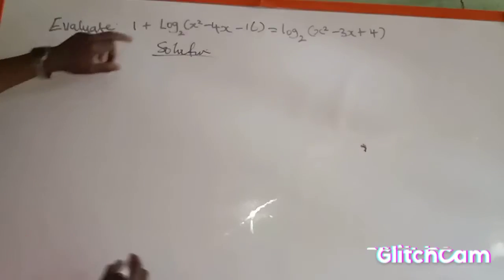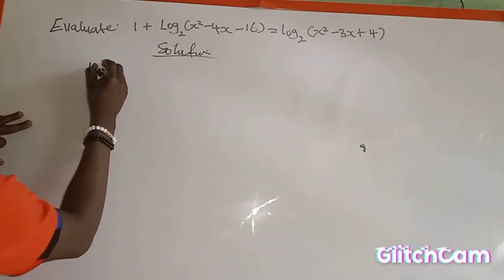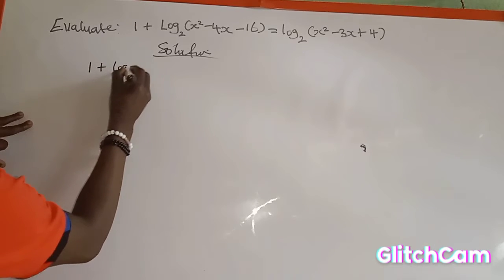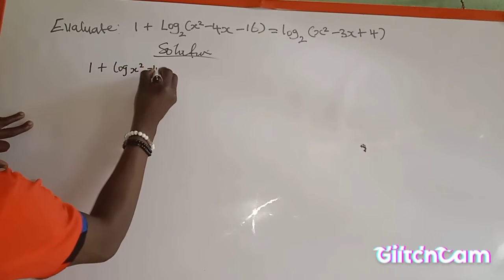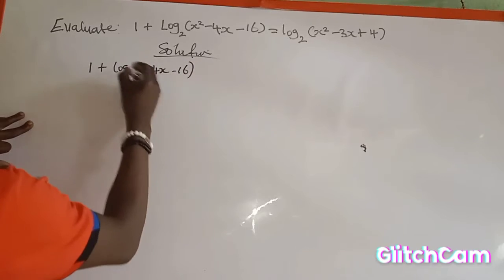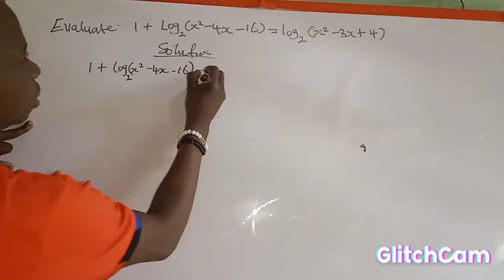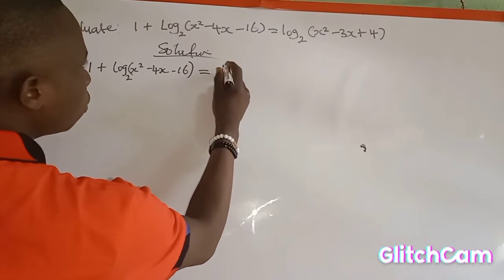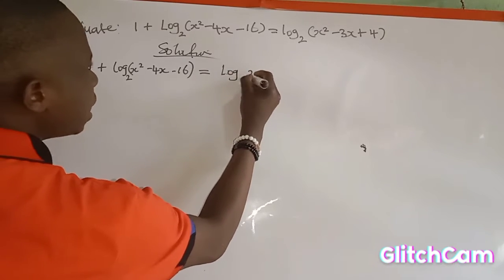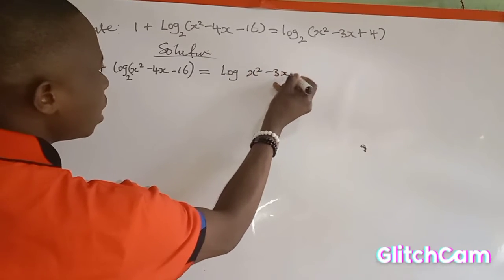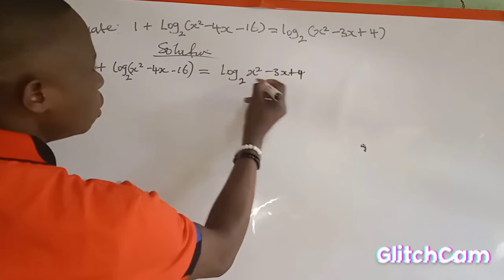Solution. The question we are asked to evaluate is 1 plus log of (s squared minus 4s minus 16) to the base of 2, which is equal to log of (s squared minus 3s plus 4) to the base of 2.